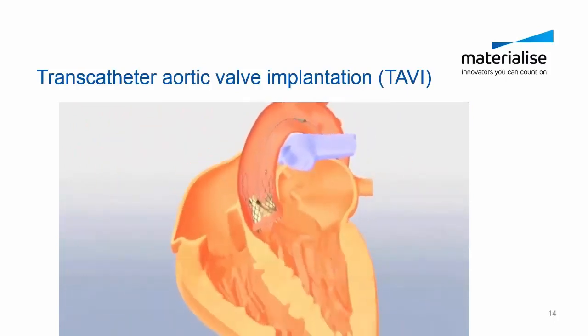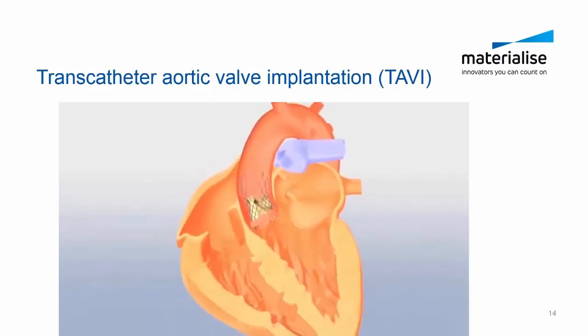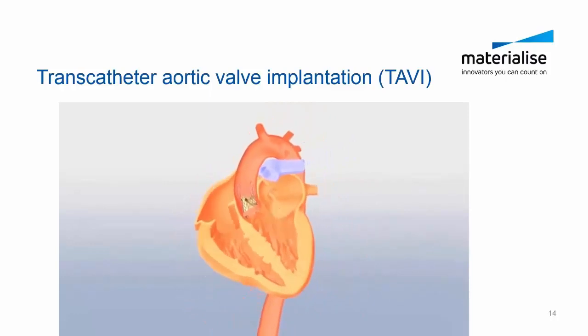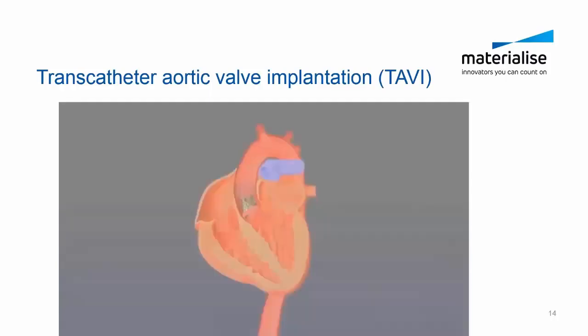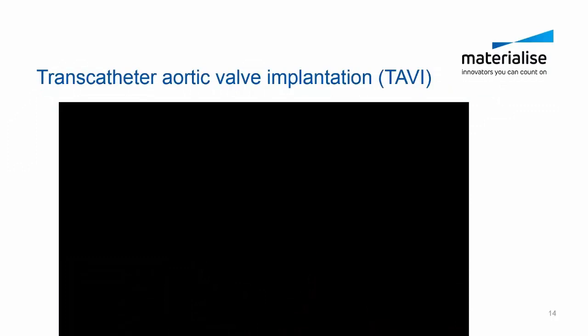So patients with comorbidities can be treated as well. The downside is that the surgeon is limited in his range of manipulations and the things he can do when the implant is being positioned.